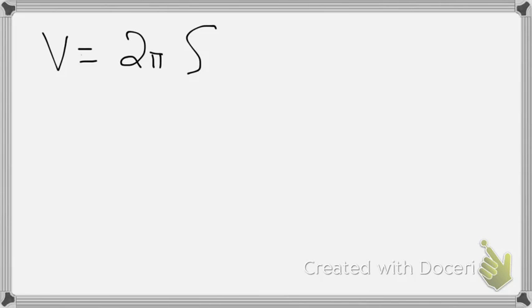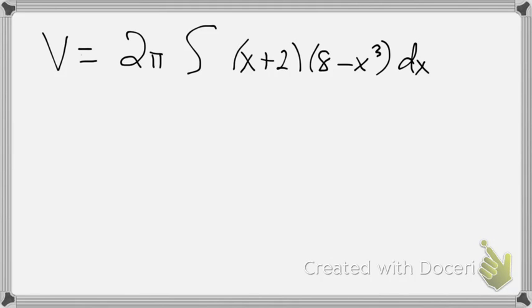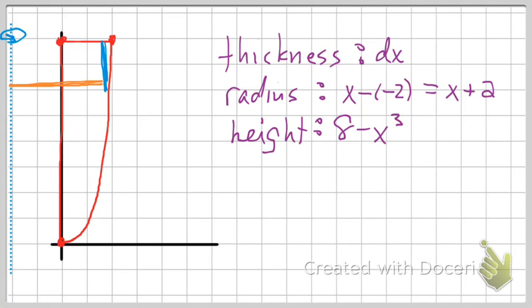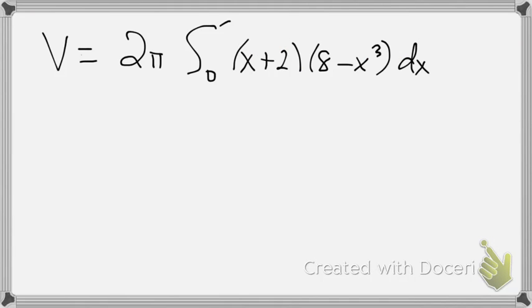All right, so 2 pi, radius times height, x plus 2, times 8 minus x cubed dx. Your limits of integration? 0 to 2. We can't integrate that, so we'll multiply it all out first. 2 pi, integral 0 to 2.